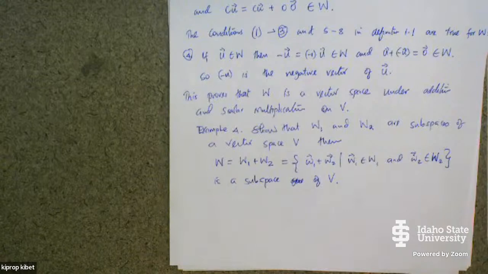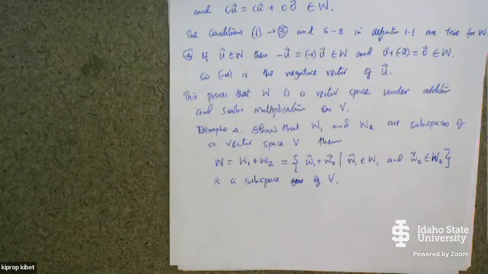So you can also show that this is a subspace. You need to check whether it satisfies the axioms of a vector space. So basically, you use the subspace test.